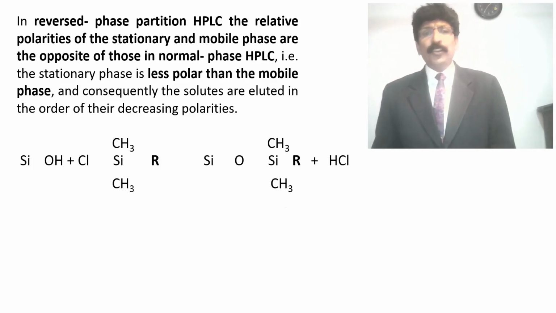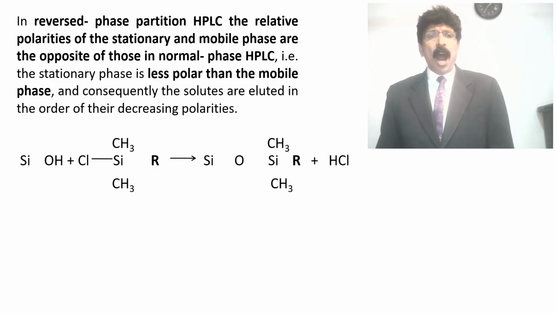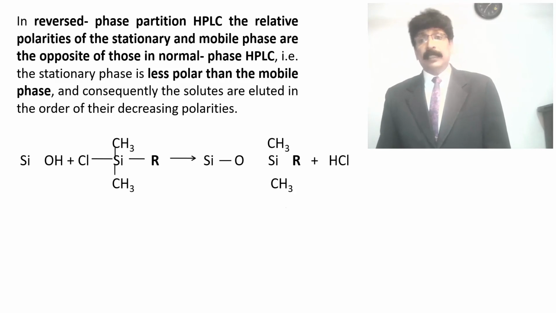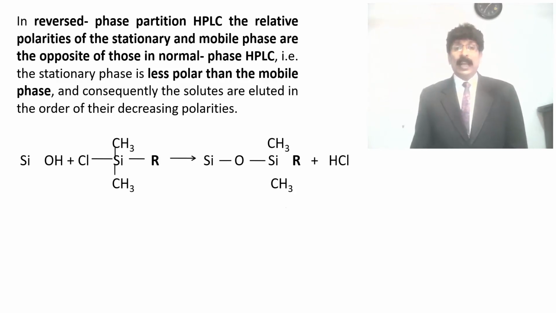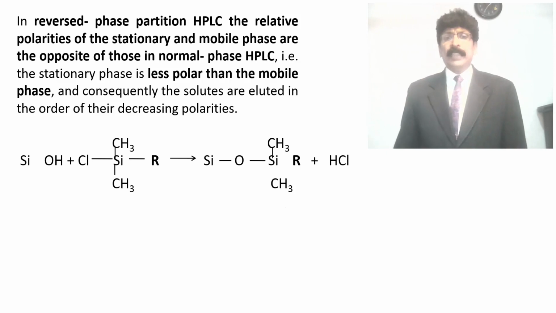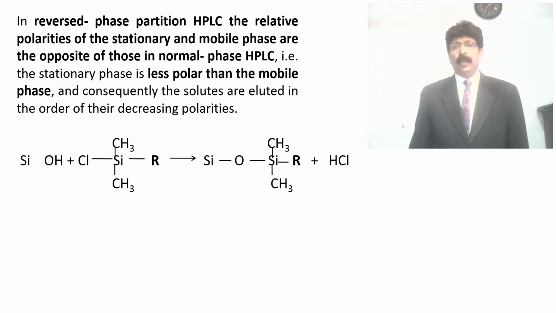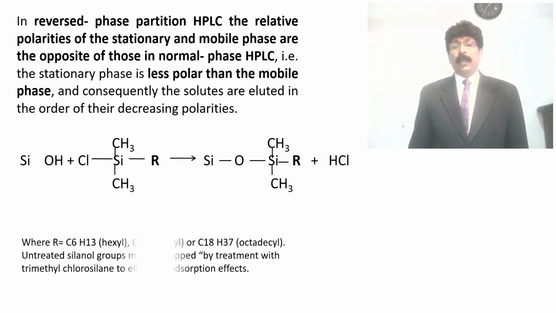So you can see this silane, how it is bonded with OH, and with a radical a substance can be added. You can see chlorine as well as silane with a methyl group and an R radical, which can give rise to Si-O attachment.